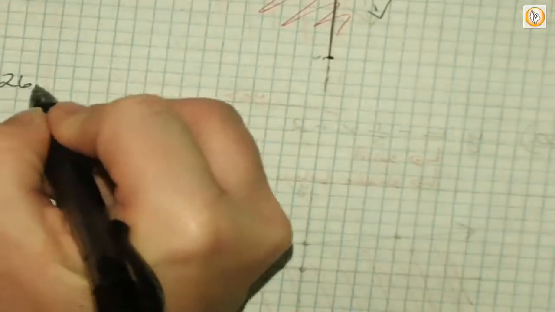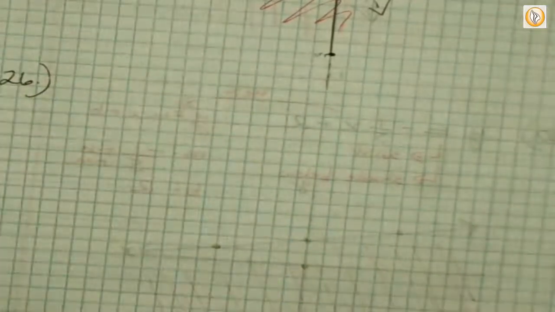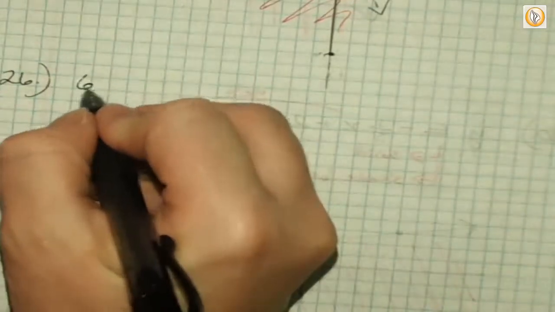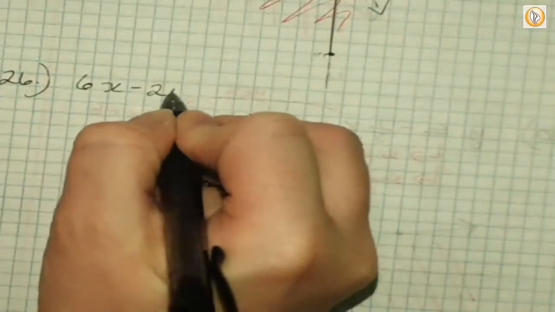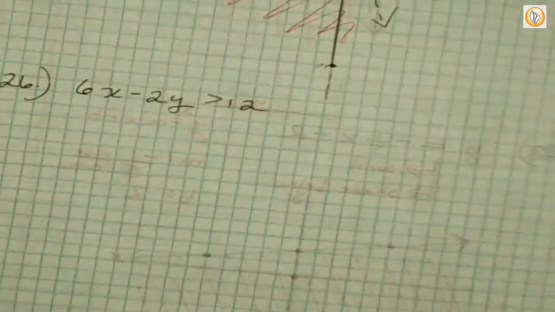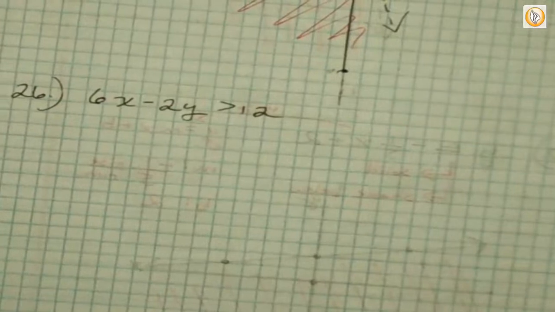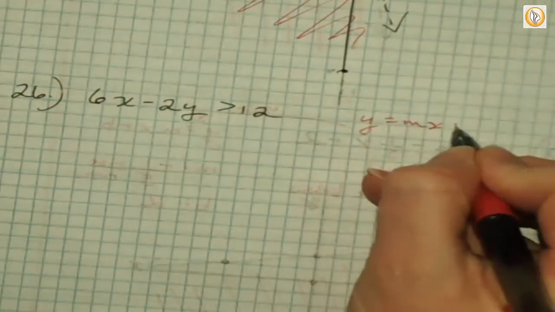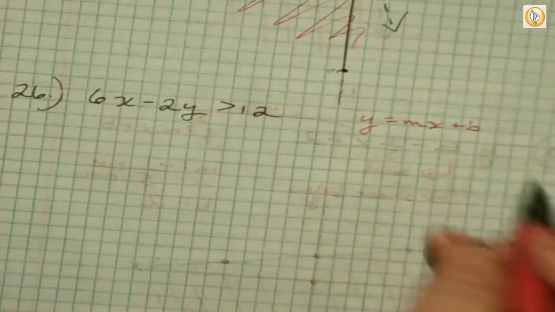Okay, so let's move to 26. 6x minus 2y is greater than 12. Izzy Lou, is this in the y equals mx plus b format?